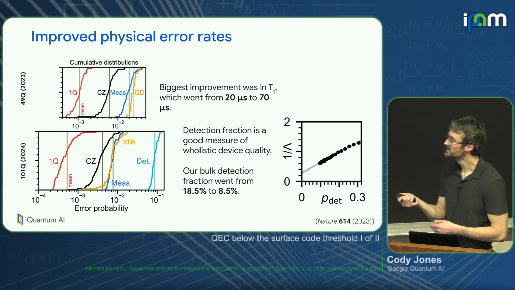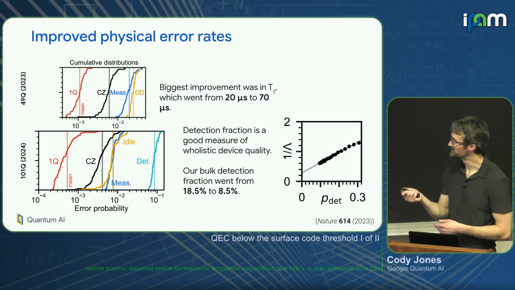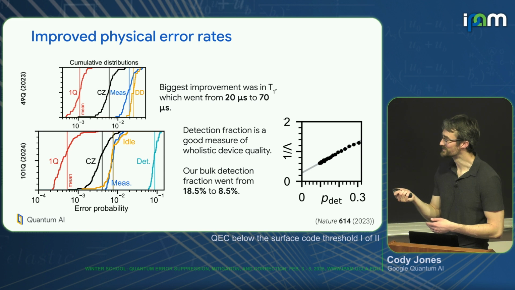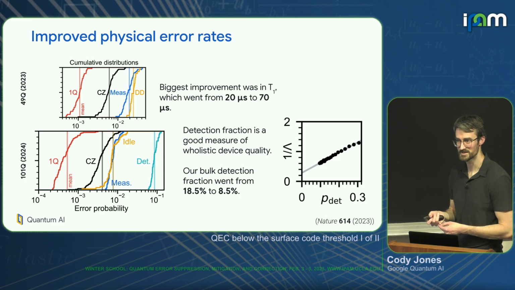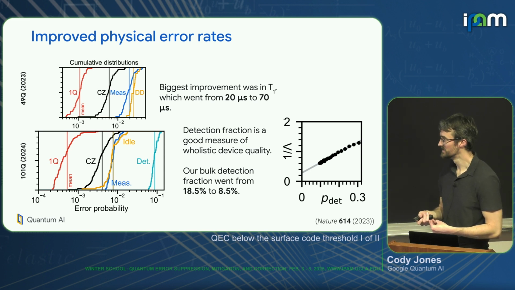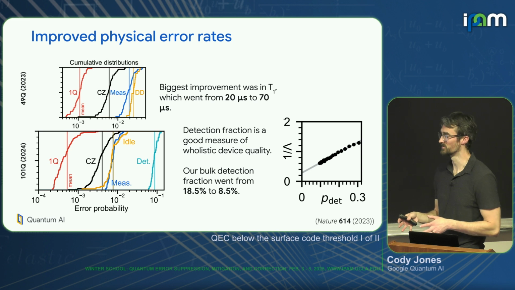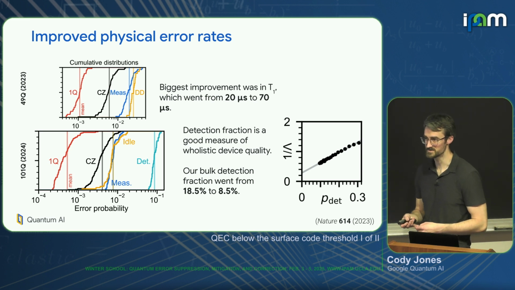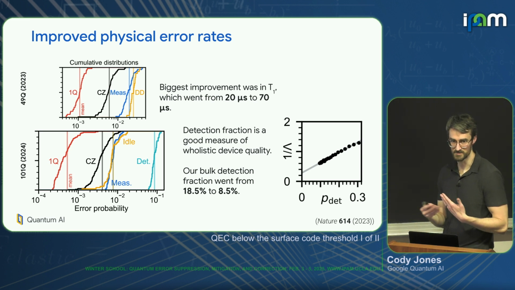Everything got better. But the biggest one was T1, which I guess now I know the numbers. It went from 20 microseconds to about 70 microseconds. That was a big jump. And T1 plays a role in every one of these operations, though it's not always the dominant contribution, because it's always there. It's just background environmental decoherence.